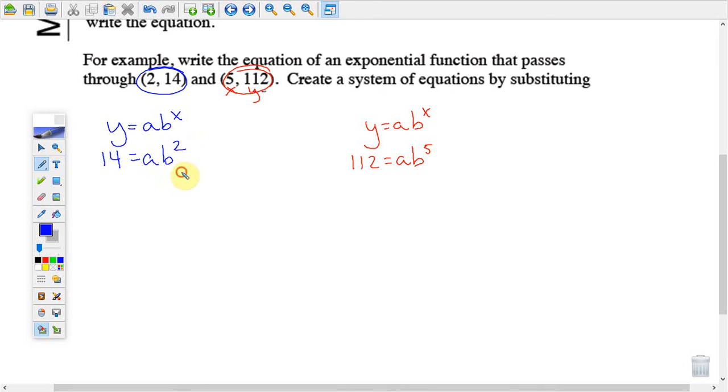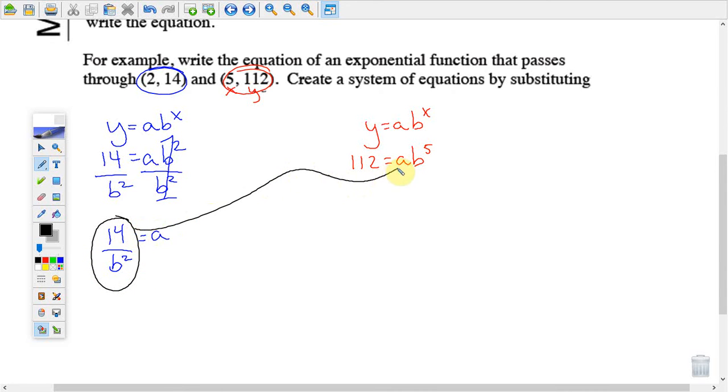So I'm going to take this one, I'm going to divide both sides by b squared. When I divide that by b squared, I get a big 1 there. Those cancel out, and I'm left with a equals 14 over b squared. Then I'm going to do some substitution. I'm going to take this, plug it in for my a value right here.